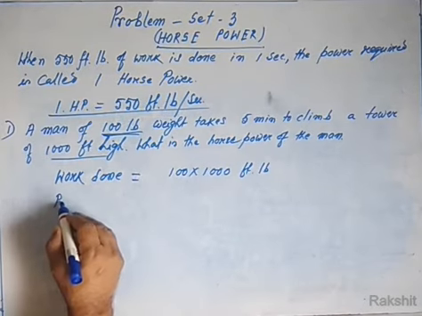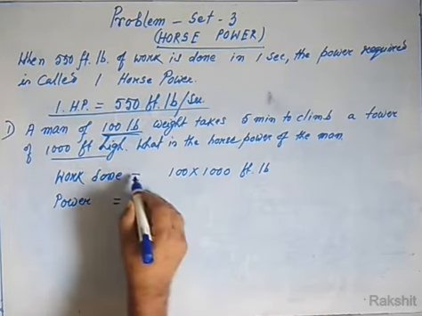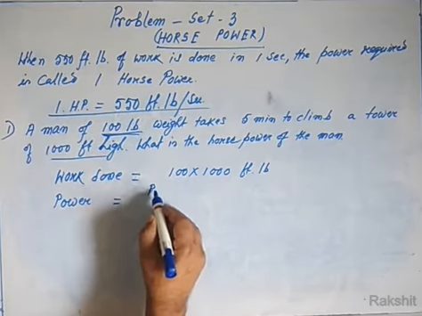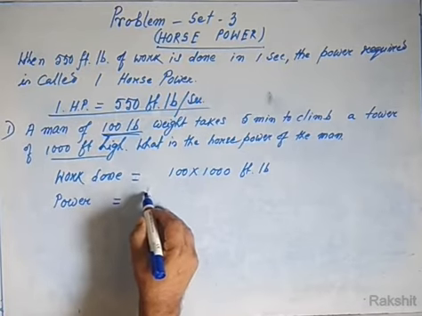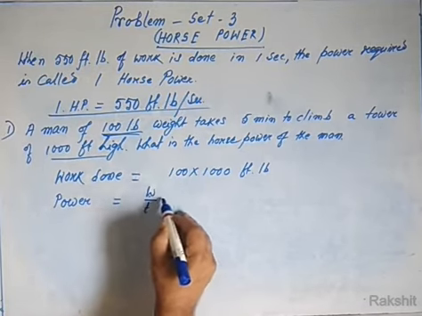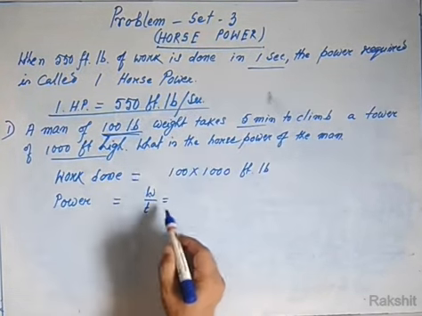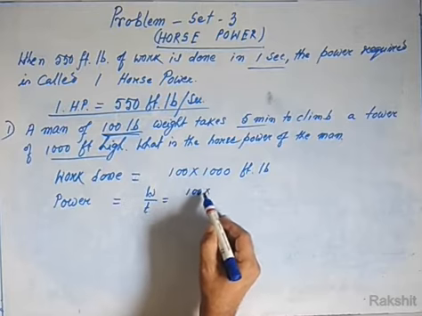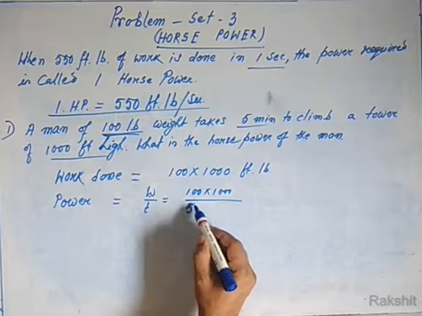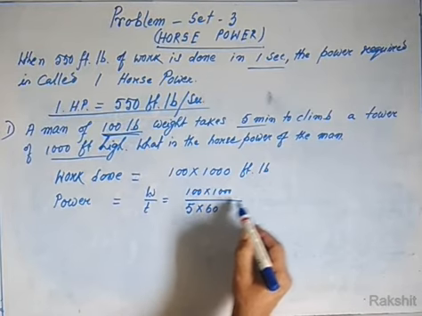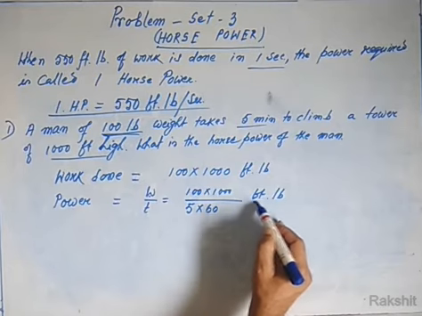So power is equal to work by time, P is equal to work done by time, W by T, with time in seconds. Now 5 minutes, okay. So 100 into 1,000 divided by 5 minutes, which means 5 into 60, foot-pound per second.